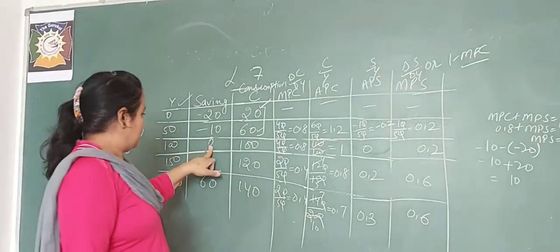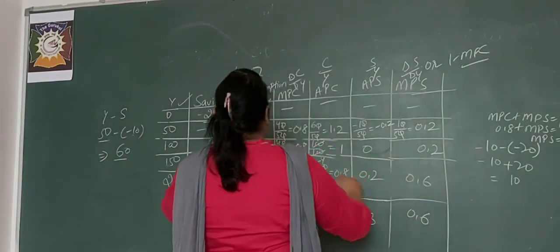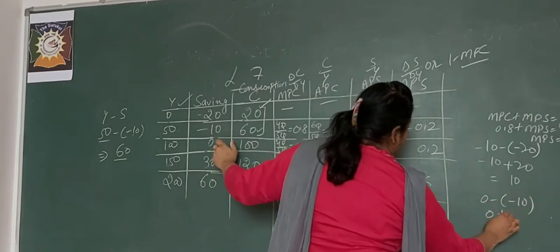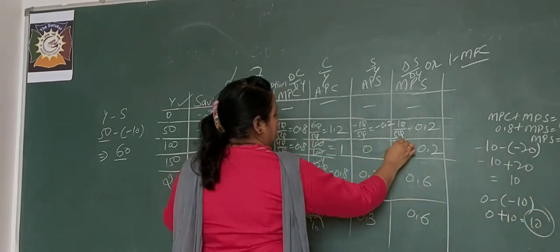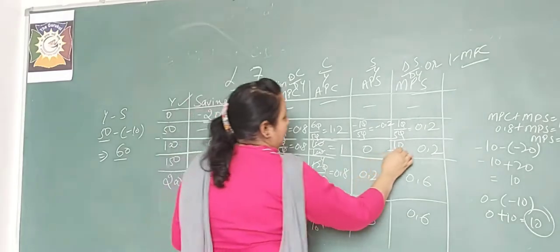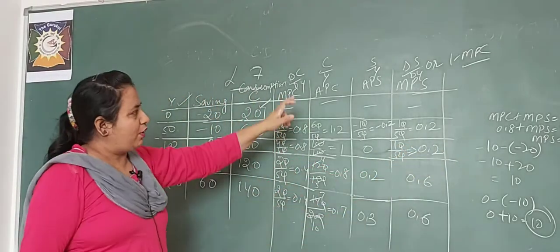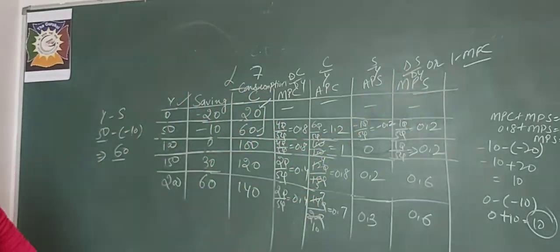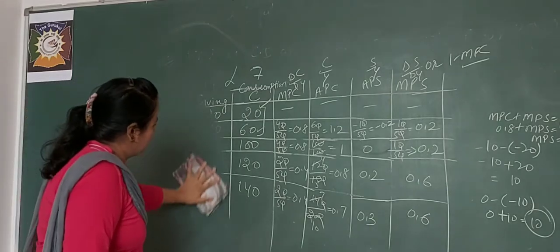By this, if you want to, how will you do? 0 minus 10, it means 0 plus 10, change in savings is 10, and change in income is 50. 10 upon 50 you will find 0.2. From these you can apply one method which you want. The next question I am going to write on the board, after that we will solve that question.